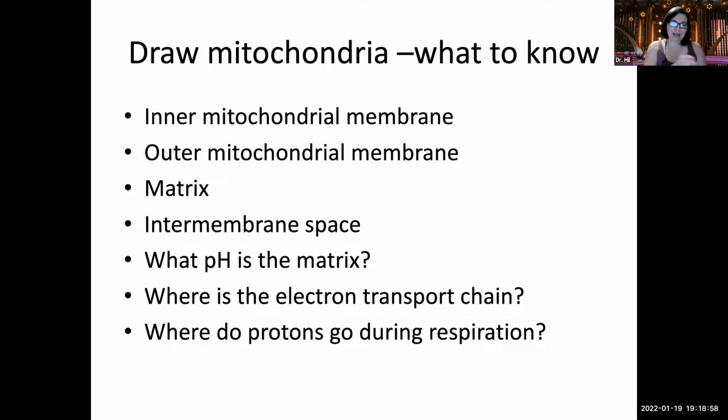Now the space in between the two membranes is called the intermembrane space. And what pH is that space usually? That's right. It's usually acidic, between 2 and 4, okay? Acidic meaning what?